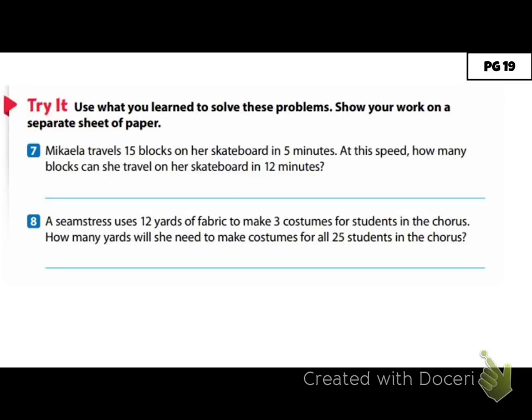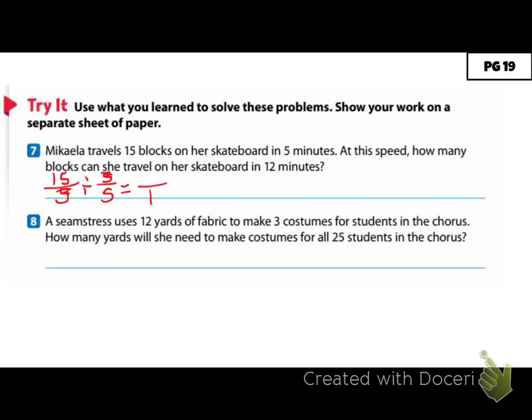Okay, number 7 says, Michaela travels 15 blocks on her skateboard in 5 minutes. At this speed, how many blocks can she travel on her skateboard in 12 minutes? So, first thing we need to do is write our original ratio, which is 15 to 5. Then we find our unit rate so that we know how many blocks in 1 minute. We divide top and bottom by 5.